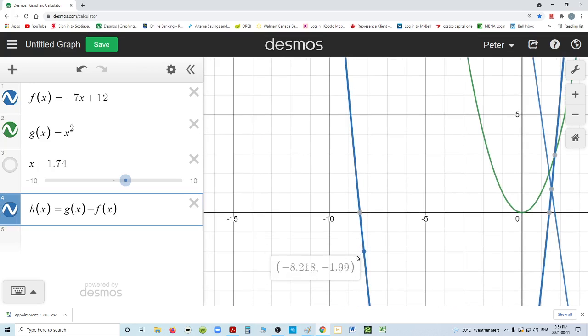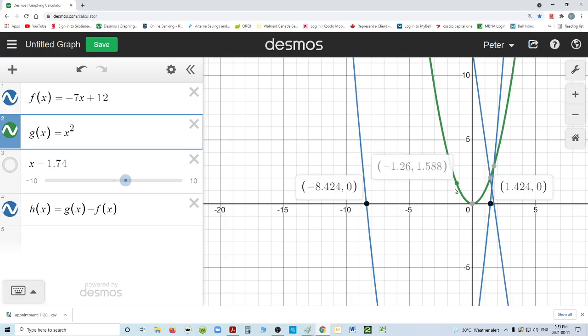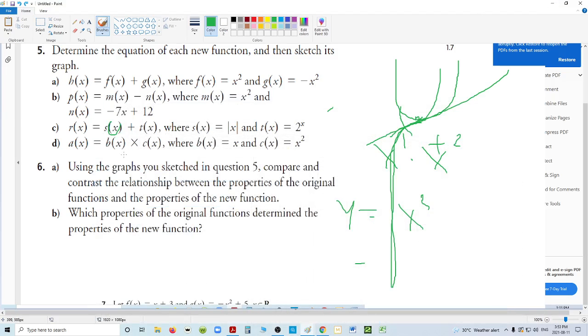Right here, the line values are bigger than my parabola y values, and right here, the y values of the parabola are bigger than my line values. And that's why between this and this, I am in the negative zone, because that's where my line y values are much bigger than my parabola values, especially as my parabola approaches 0. Hard to comprehend that sentence, but that's okay.